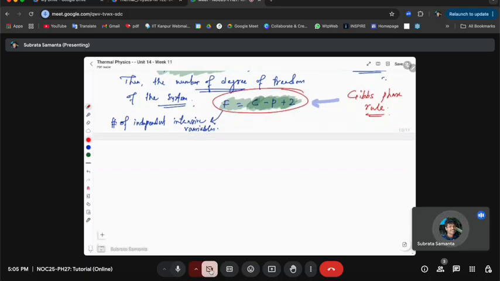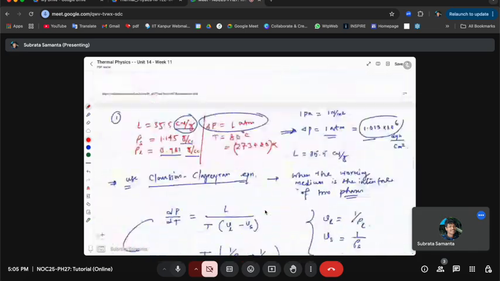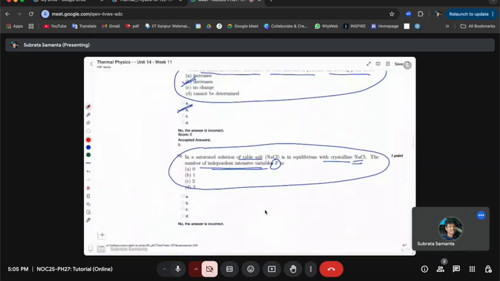So now go back to the problem. In the problem we have NaCl, and that is basically a saturated solution of NaCl in equilibrium with a crystalline.